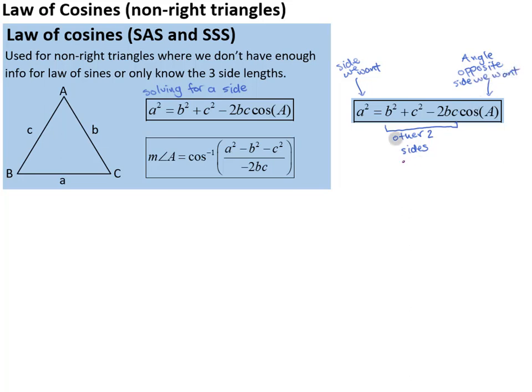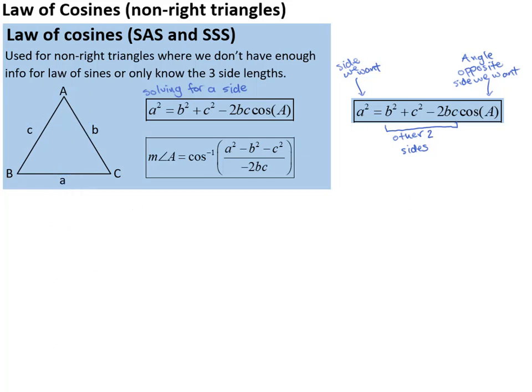It's the angle across from it. So if we're solving for A, B and C are my other two sides, and we need to know those. And A, the angle opposite the side we want, is the angle we need to know. We're going to put in cosine there.